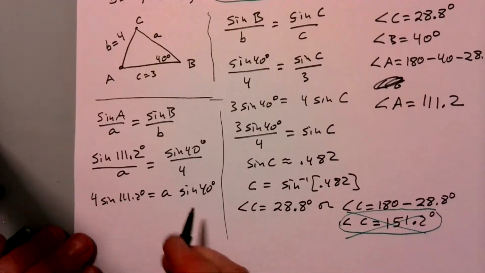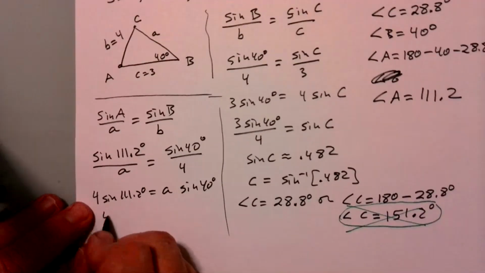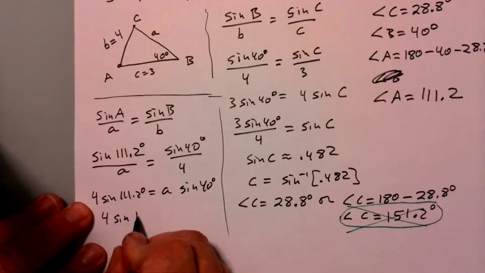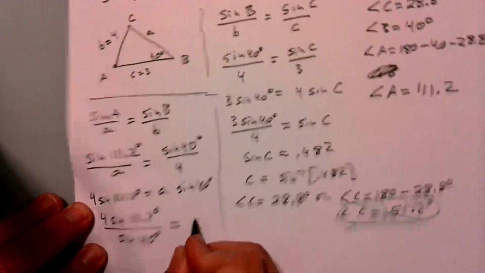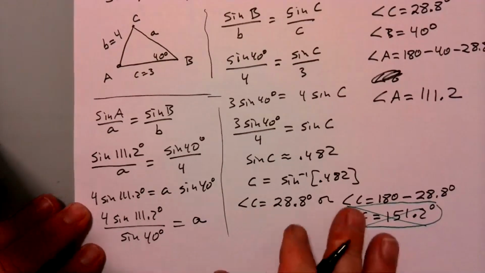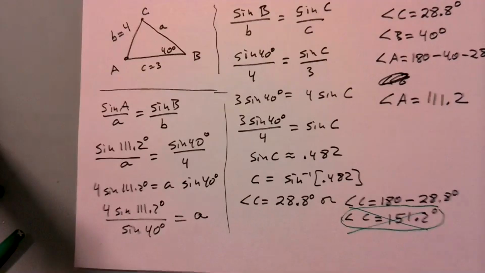So if I divide both sides by sine of 40, I get 4 times sine 111.2 degrees divided by sine 40 degrees equals a. Let me get myself an approximation for that if I can. 4 times the sine of 111.2 divided by the sine of 40, and I get about 5.8.